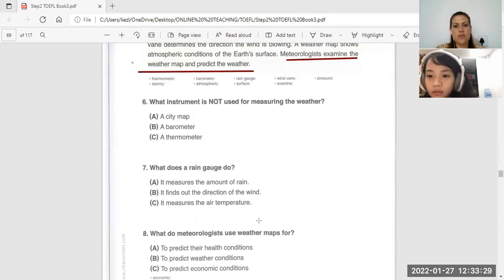What do they use the weather maps for? To predict the weather conditions.